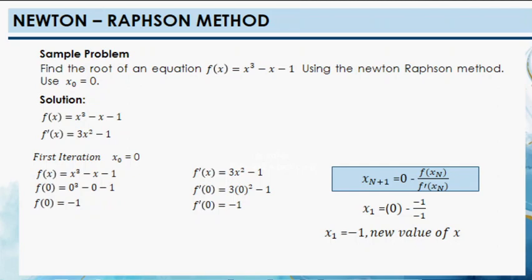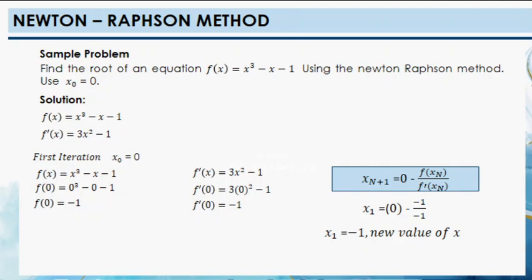Substitute lang natin yung 0, class, dun sa ating f of x. So, substituting 0 dun sa ating f of x, we have negative 1. Pagkayari nun, substitute naman natin yung x sub 0 natin dun sa ating f prime of x. So, mula dun, makakapag-solve tayo na f prime of 0, that is negative 1.